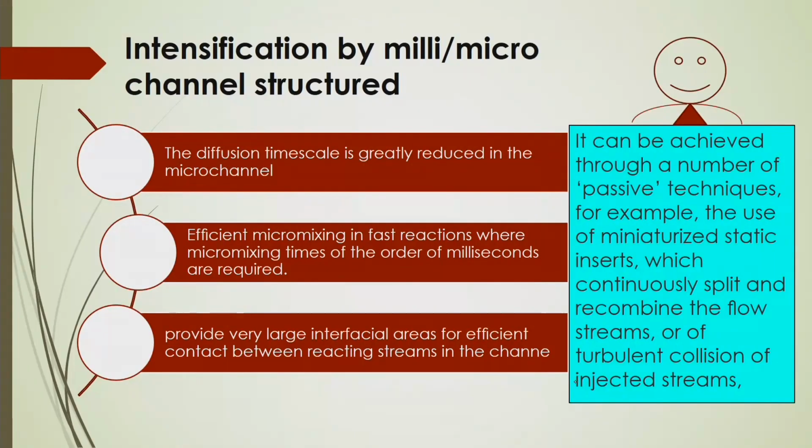So, you can say that this micro channel based structure will reduce the diffusion time scale, give plug flow phenomena and efficient micro mixing, and produce large interfacial area in the channel, which can also be achieved by turbulent collisions of the injected streams.